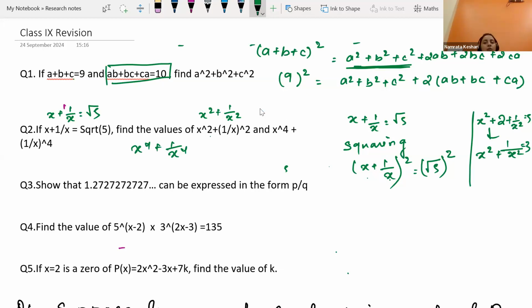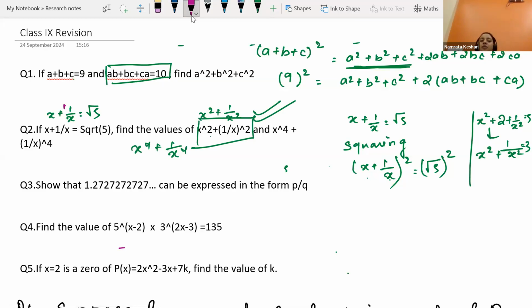From the above one you will be getting x square plus 1 by x square as only 3. One of the results we got already, still we need to find the other result. You will be squaring on both sides over here, and you will be getting the other result as well. Got it? Let's do the next one.